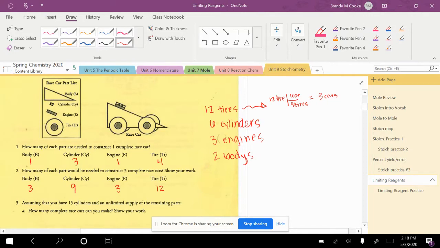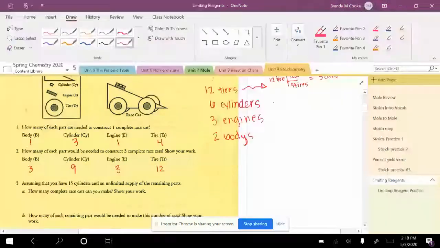I need to look at my other reactants and figure out how much they can make and figure out what's limiting the amount of cars I can make. So if I have six cylinders, and one car requires three cylinders, then I can only make two cars.